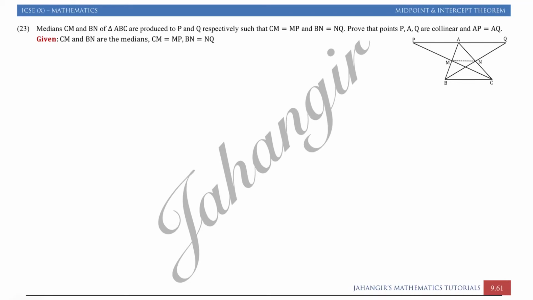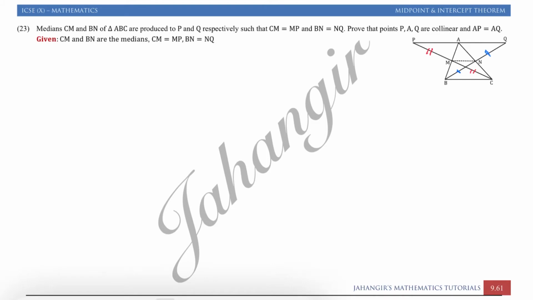CM and BN are the medians of triangle ABC which are produced to P and Q respectively, such that CM is equal to MP and BN is equal to NQ. Prove that P, A, Q are collinear and AP is equal to AQ.